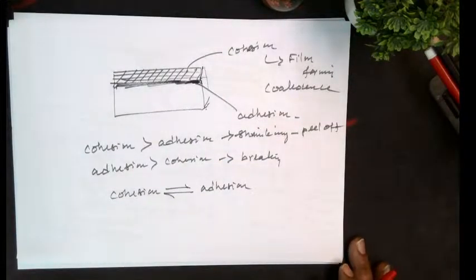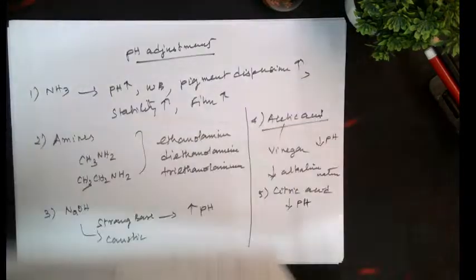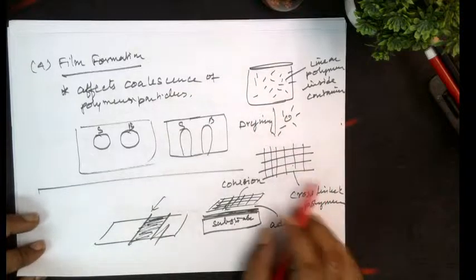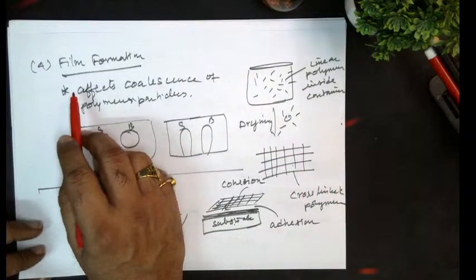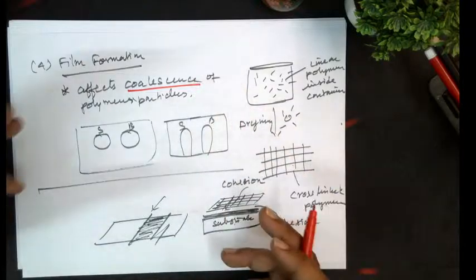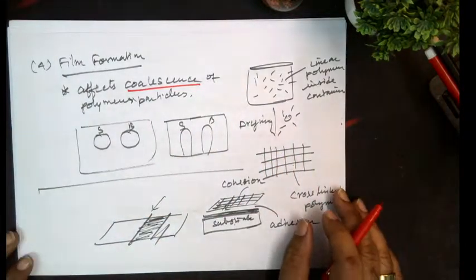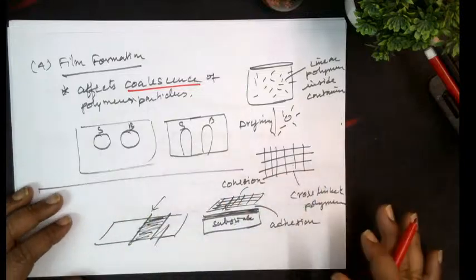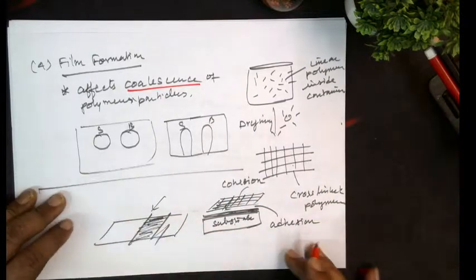Now I want to discuss film formation, and before that I would like to add one important point. With film formation, pH deviation affects coalescence. Coalescence means the moving of polymer particles to form a uniform stretch of polymer or cross-linked network.